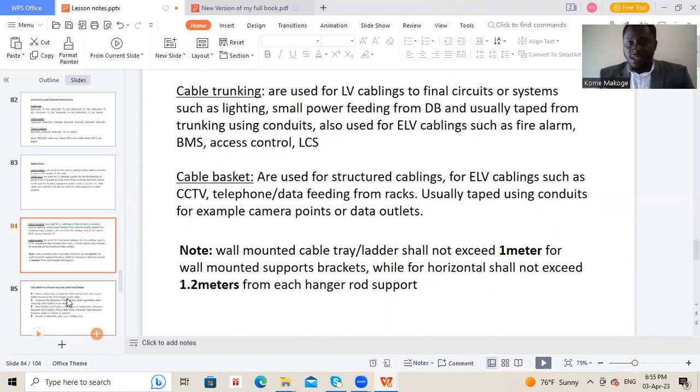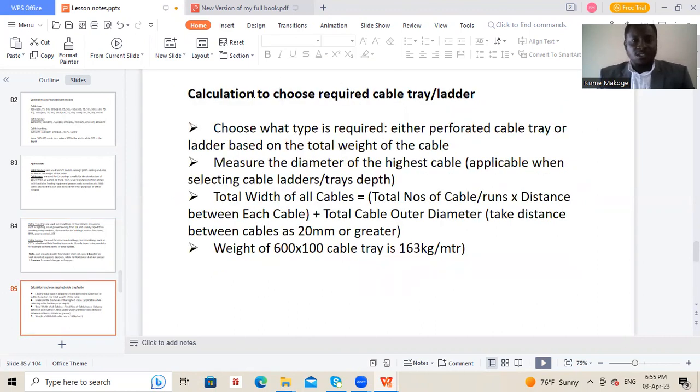We'll move now to the next slide, which is to calculate or choose the required cable tray or ladder.